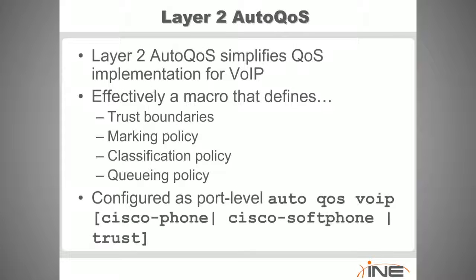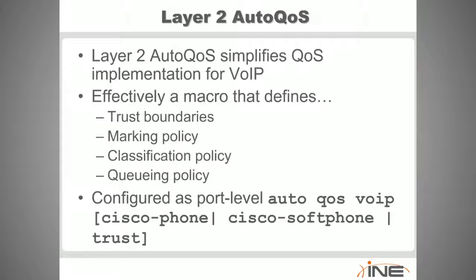Now, another variation we have for this actual implementation from the layer 2 switches is a feature known as auto QoS, or layer 2 auto QoS. What this is designed to do is automate our trusting and classification policy to match up based on the particular application that we are using. And I'll show this on the command line in a second here.